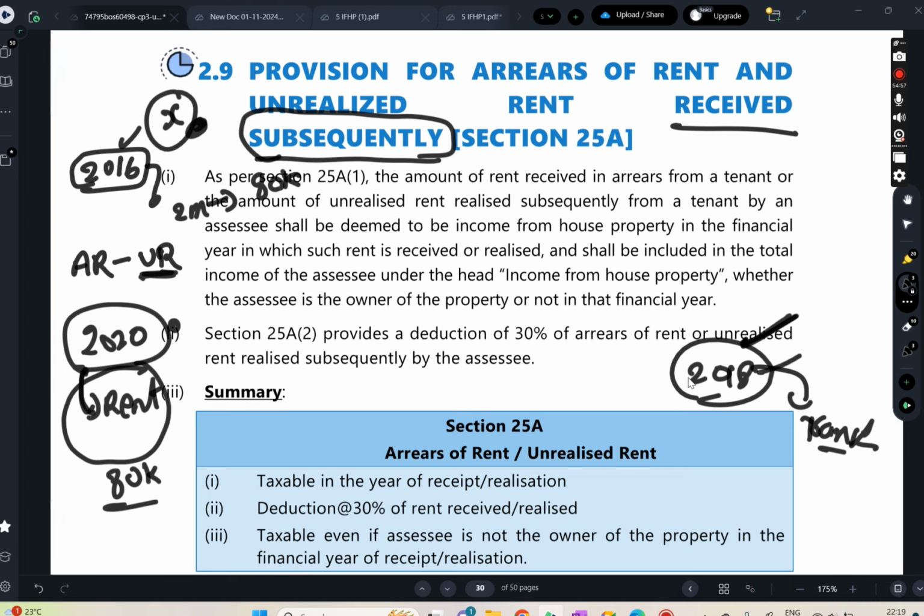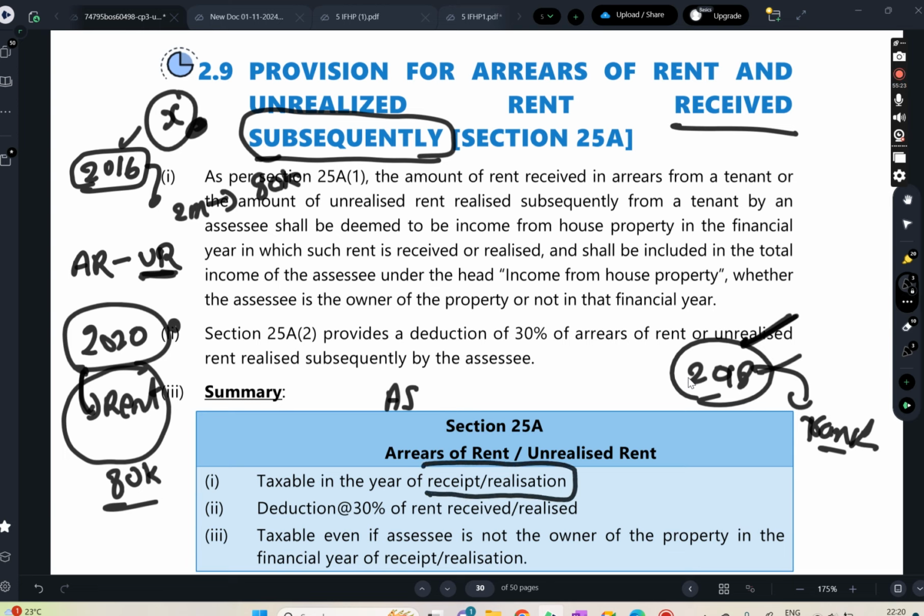No, sir. Because he is not the owner of the house now. Okay, there is one more thing we discussed previously. The assessee should be the owner of the property, but if there is any unrealized rent received later, he need not be the owner of the property.